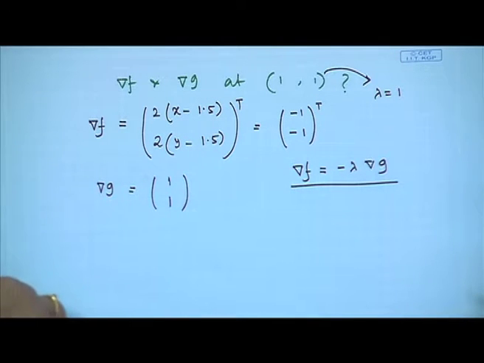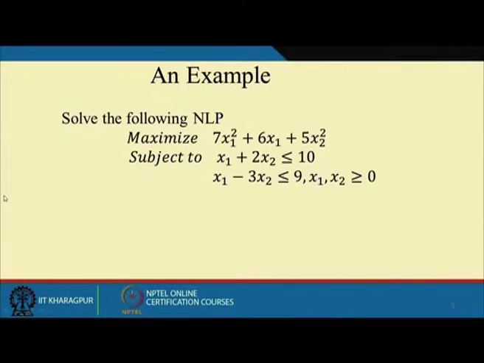Now, I am coming to the next example where we are considering two inequalities together. Maximization of 7x1 square plus 6x1 plus 5x2 square subject to x1 plus 2x2 less than or equal to 10 and x1 minus 3x2 less than or equal to 9.